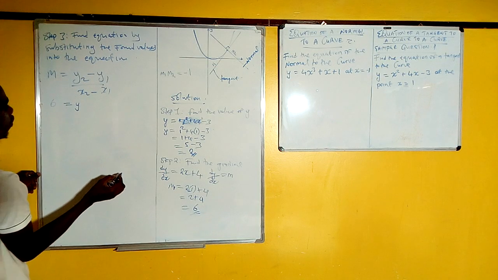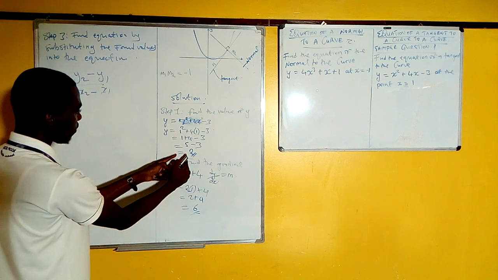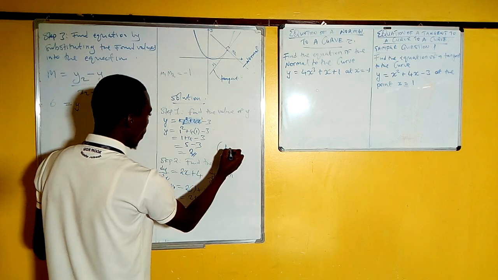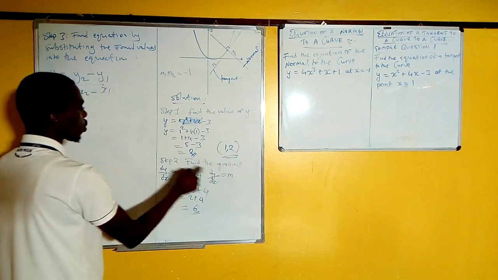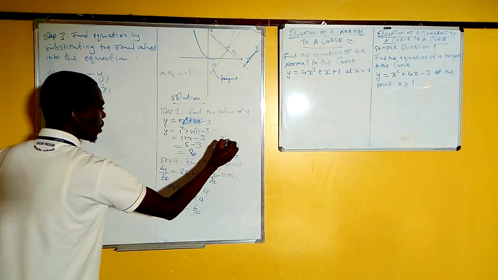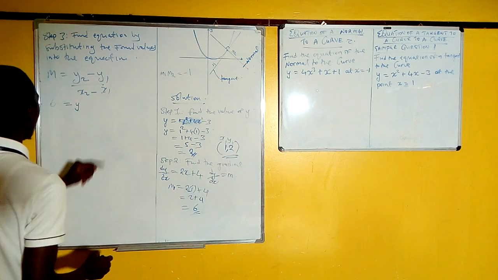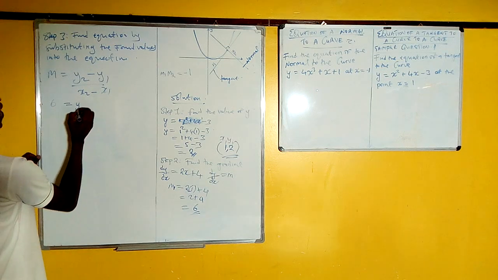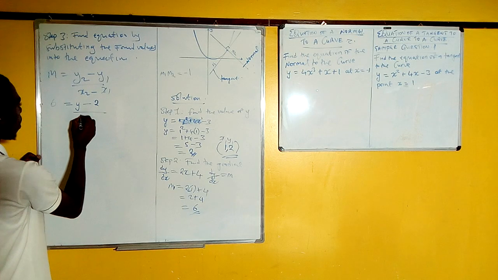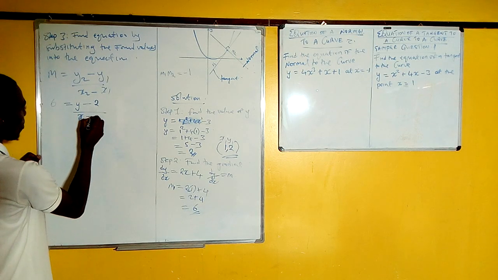We only have one set of coordinates, because after we found the value of y2 here, we had a set of coordinates, which will be (1, 2). So this is the reason why we are finding this one. So we have this set, which is the x1, y1, but y2 and x2 we don't have. So y minus 2 over x minus 1.